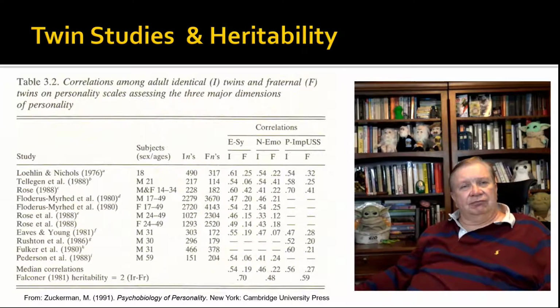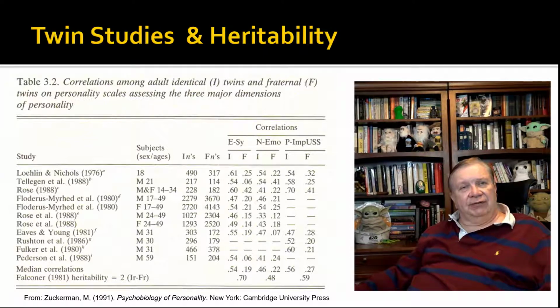This is a great font of information. I've never counted all the twin pairs, but there's well over 20,000 twin pairs in these studies by various researchers over the years. And if you read this chart, you're going to see some pretty amazing things. Let's look first at Loehlin and Nichols across the top.